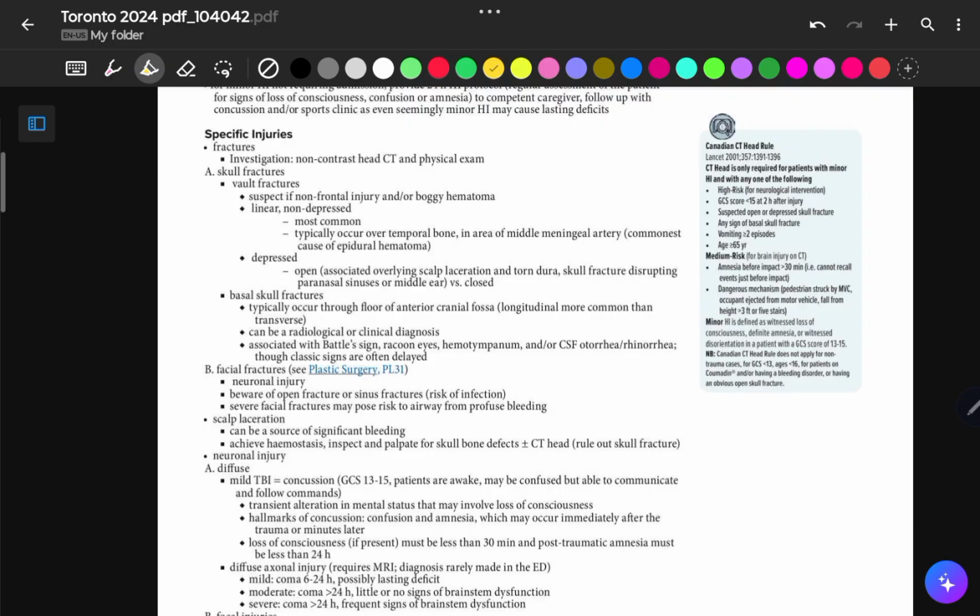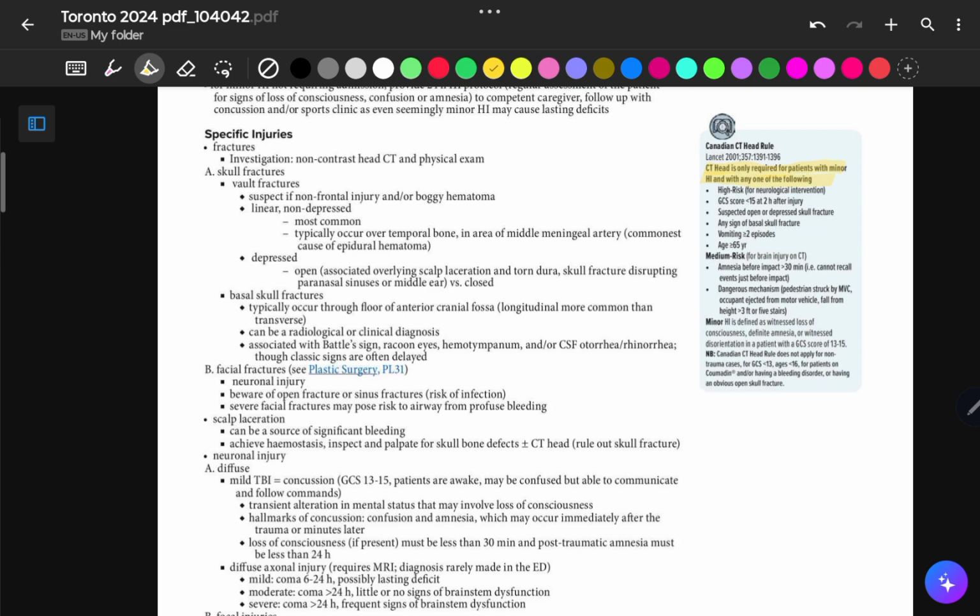Next we are going to talk about CT head. CT head is only required for patients with minor head injury and with any one of the following.